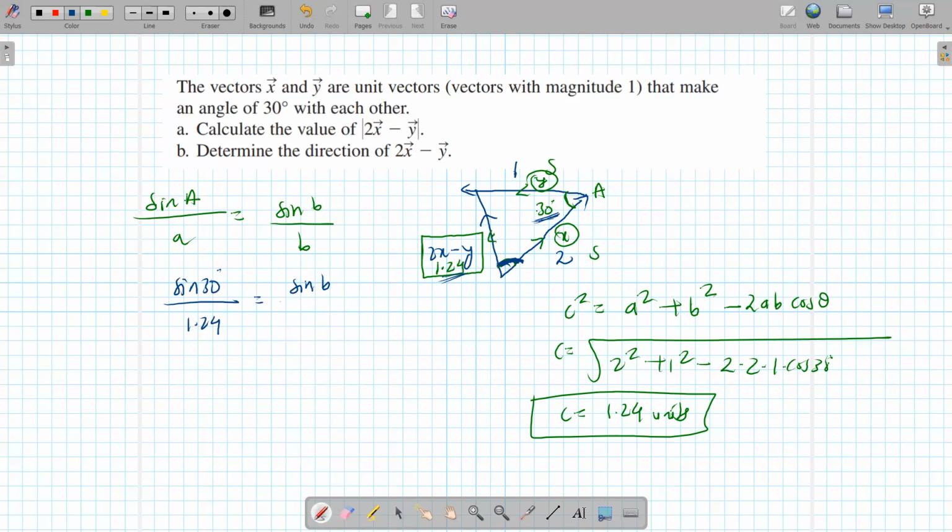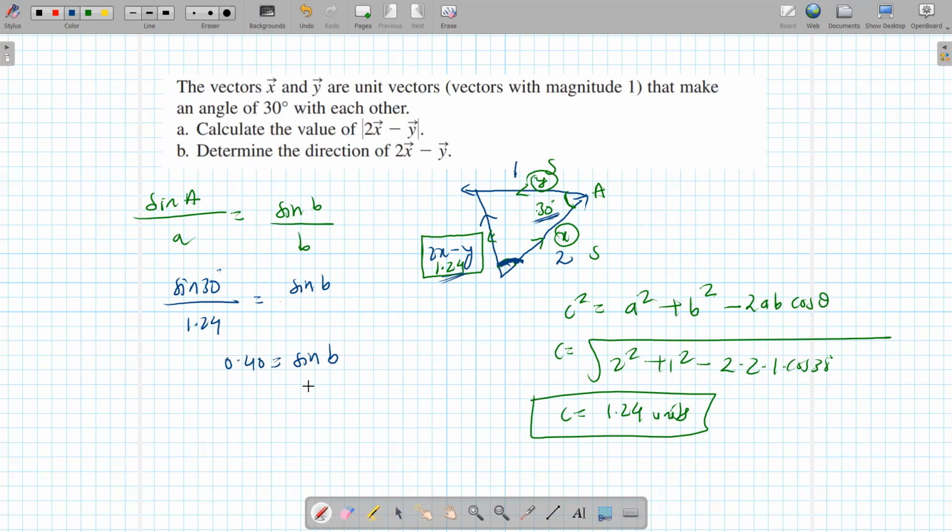You have this equation, so sine 30 divided by 1.24 is 0.40, equals sine B, right? How do you find B? We have sine B, we want to find B. You just do the sine inverse.